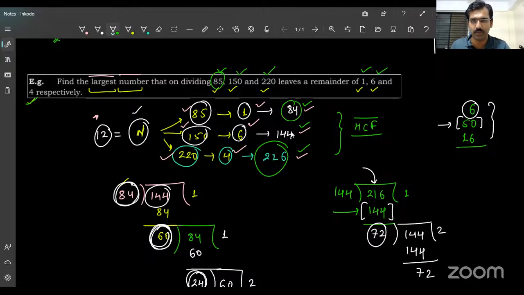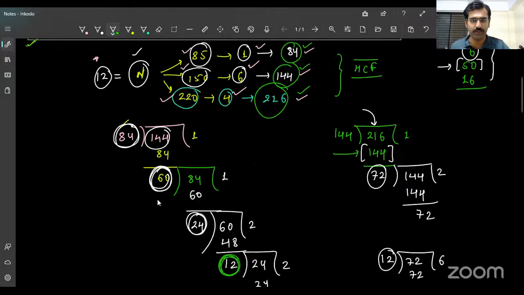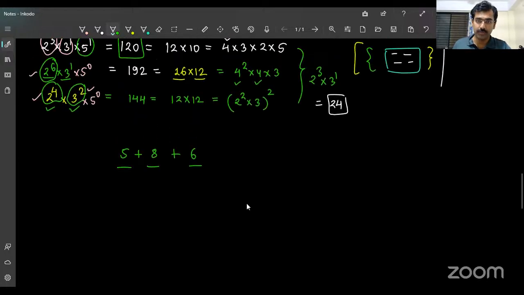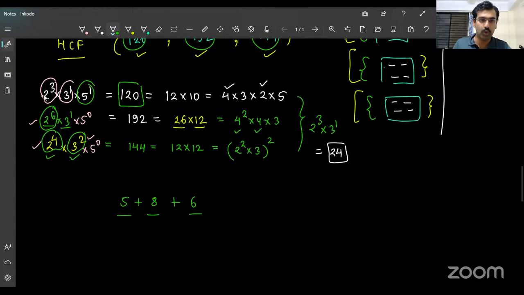That means these numbers were supposed to be divisible by a certain largest possible number. And there we developed the concept of finding the HCF. We discussed two methods of finding the HCF. One of the methods was prime factorization, where the lowest powers of the common prime factors were discussed, and through this we could find the HCF.